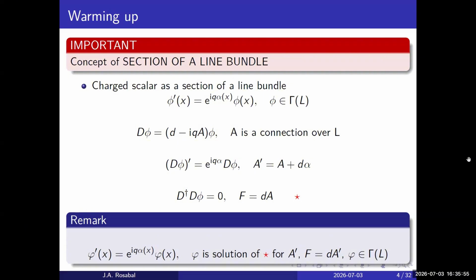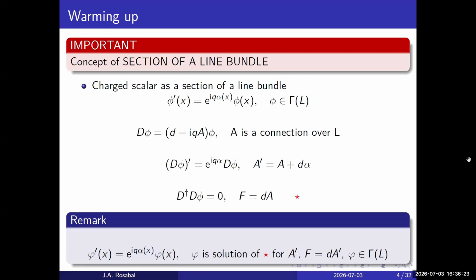If you want to take the derivative of this object, you have to introduce a connection. This is usual in U(1) Maxwell, U(1) gauge theory. You introduce a connection transforming as a U(1) field, and now you can differentiate this field, and the derivative transforms exactly as the original object you are working with.